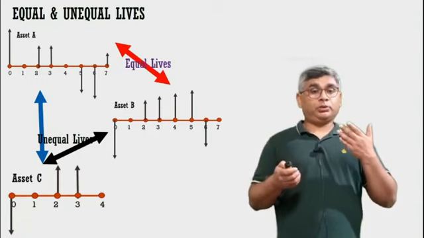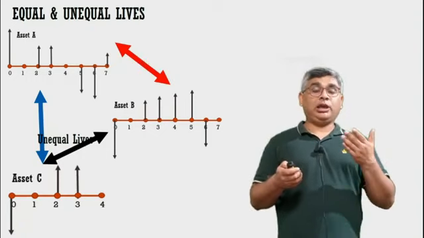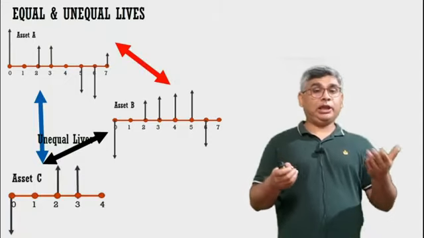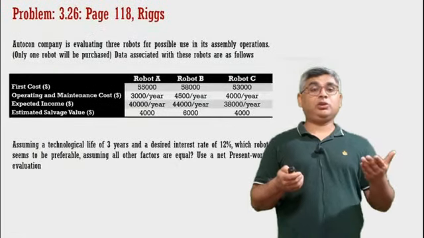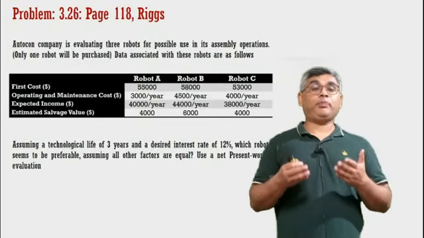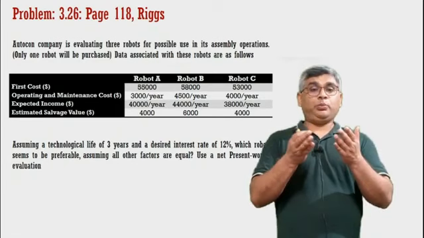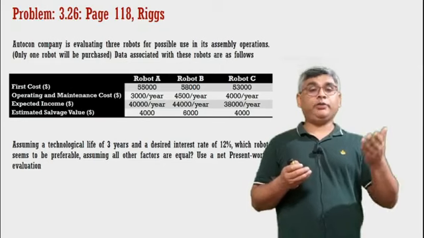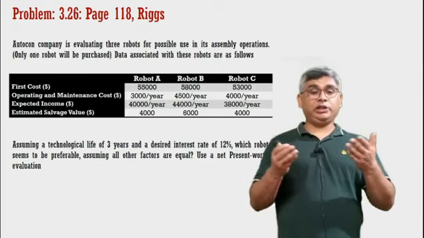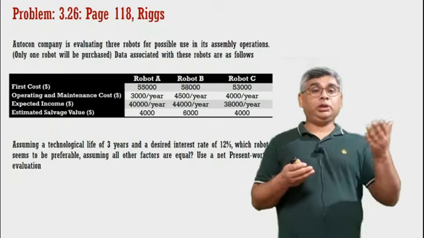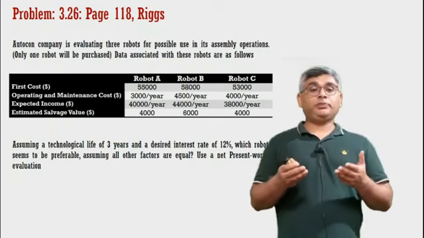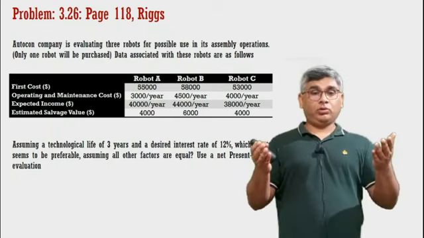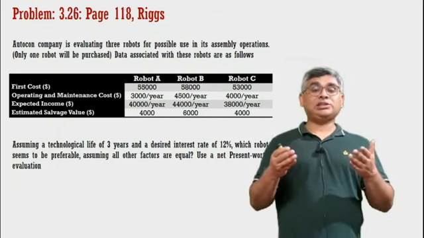So just to explain how the calculations for the present worth method are taken up, let us discuss one problem. The problem is that we have 3 robots, and for each robot there is a different first cost, that is the initial investment, the operating and maintenance cost per year, the expected income from each alternative, and the estimated salvage value.